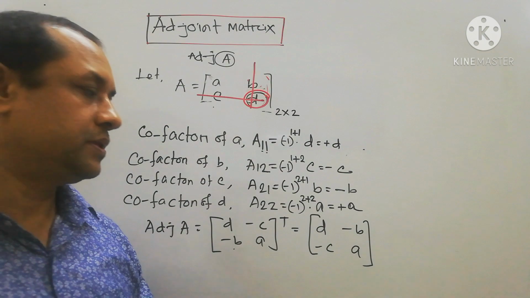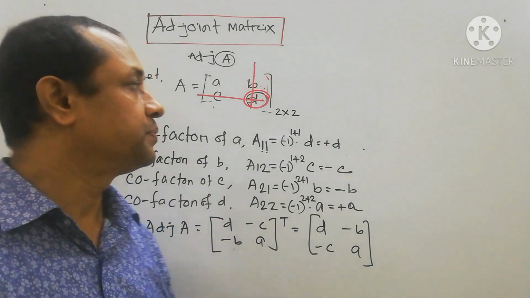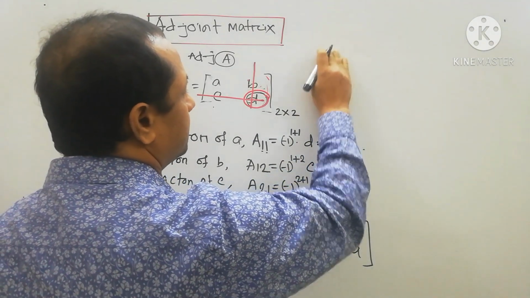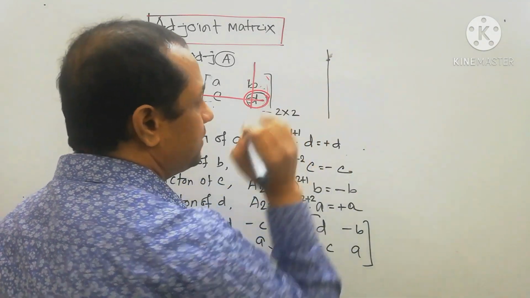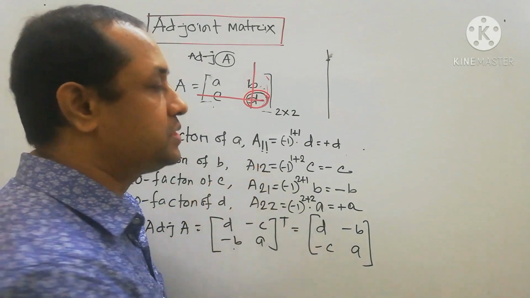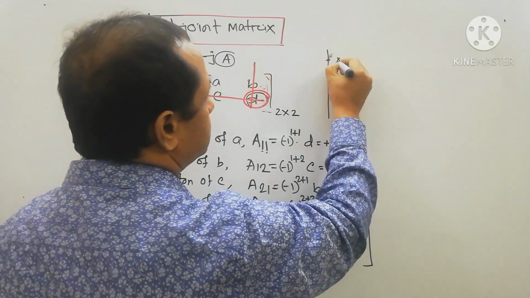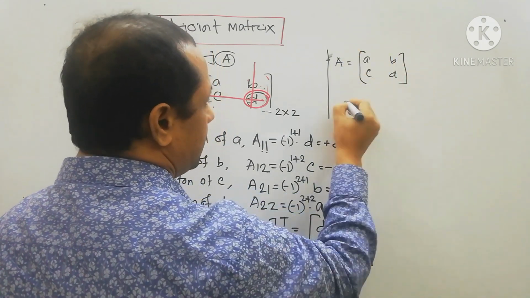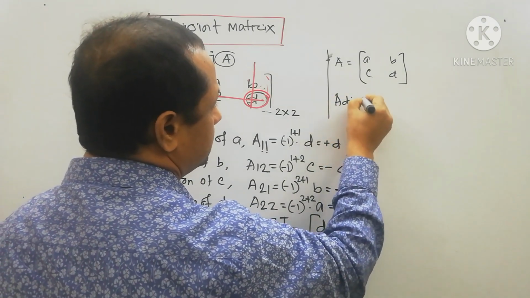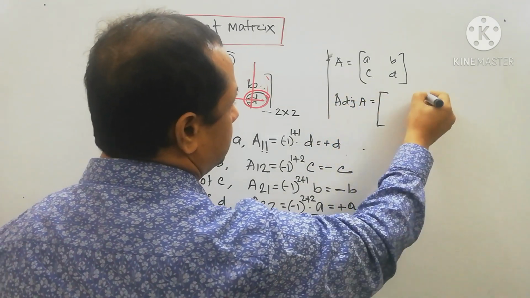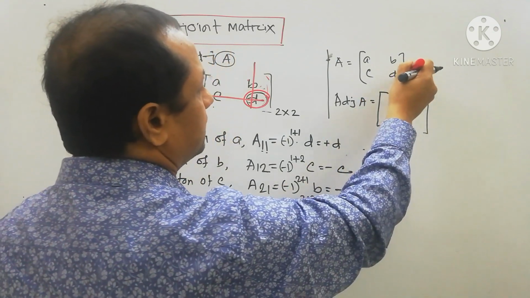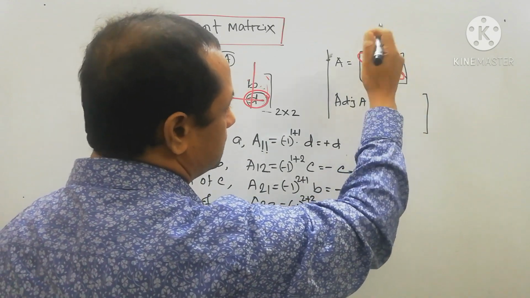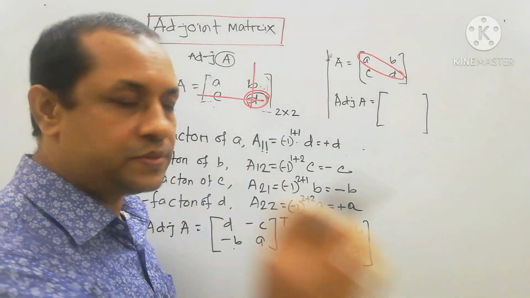But there is a shortcut method. Attention please students, short tricks, again short tricks, only for MCQ. Now matrix A equals A, B, C, D. The adjoint of A equals: interchange the two entries of the principal diagonal. This is for a 2 by 2 matrix, for MCQ.